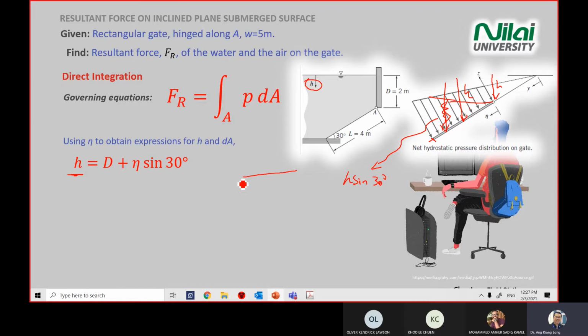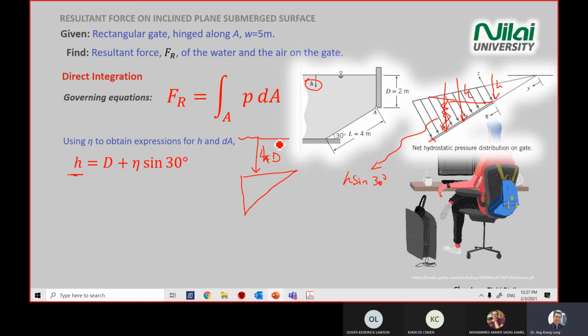Because it's a triangle, and this is the H. This is the H, not H, sorry. This is the D from the surface of the water, and you need to find an equation that defines from your A point to the last point here.